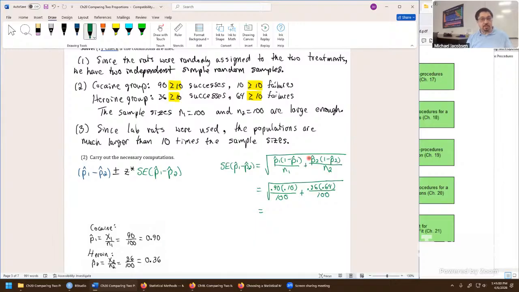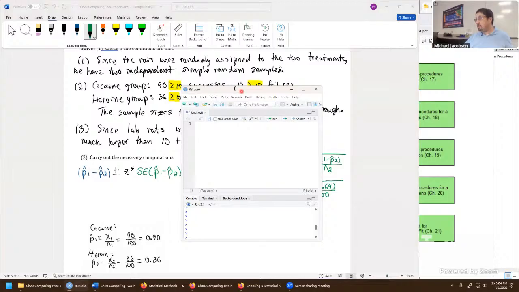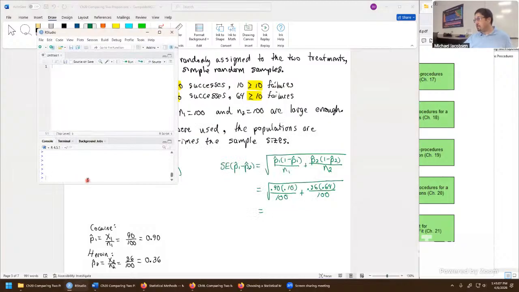So at this stage we just reach for a calculator. We'll take the square root of 0.90 times 0.10, divide by 100, add to that this part, 0.36 times 0.64, divide by 100, and that's our standard error.